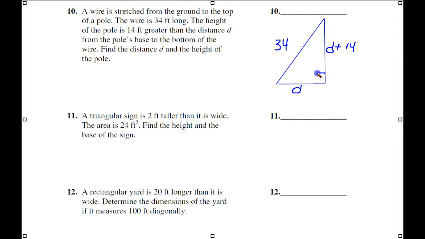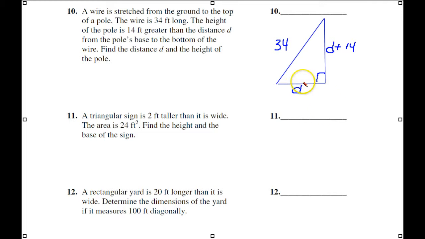Remember, this is a right angle here. And the height of the pole is 14 feet more than this distance from the pole. So here we have a Pythagorean theorem. So what will our formula to solve it be?